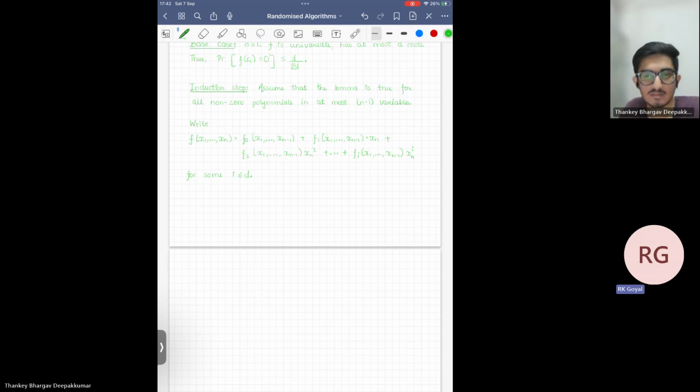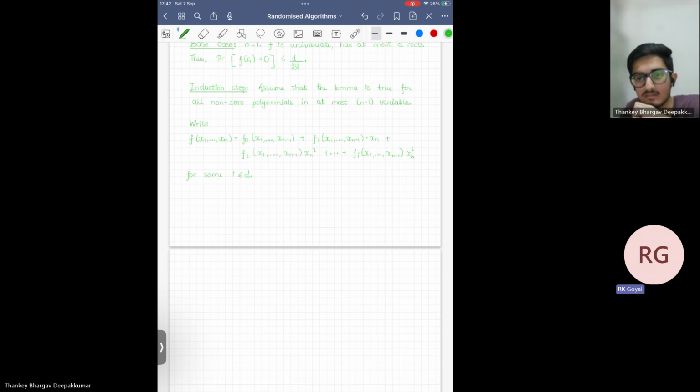We are picking these values of x1 to xn minus 1 from the set S, so that value would be less than or equal to d by S, making sense from the first observation.